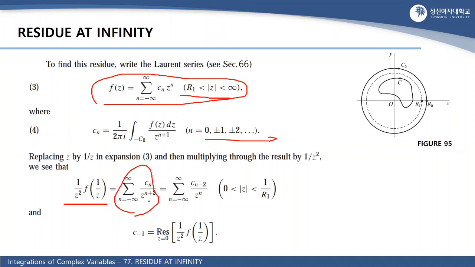We can easily get this result from this, and modify the expression: we modify Cn to C n minus 2, and we cancel z squared in the denominator.